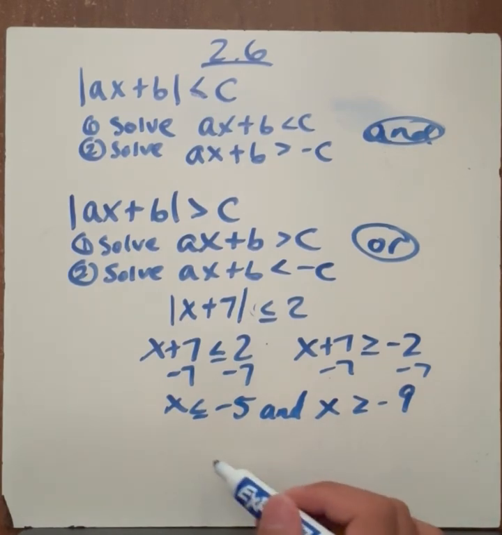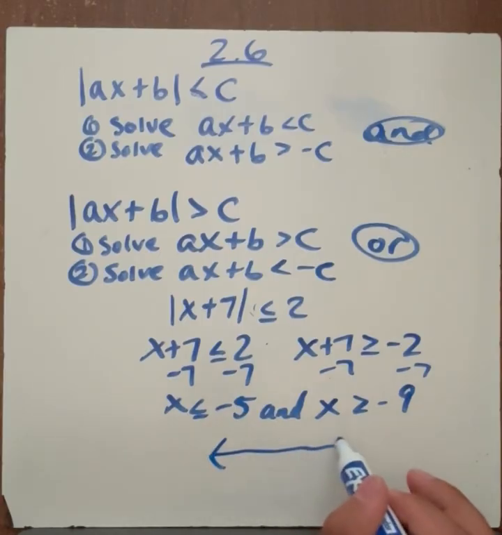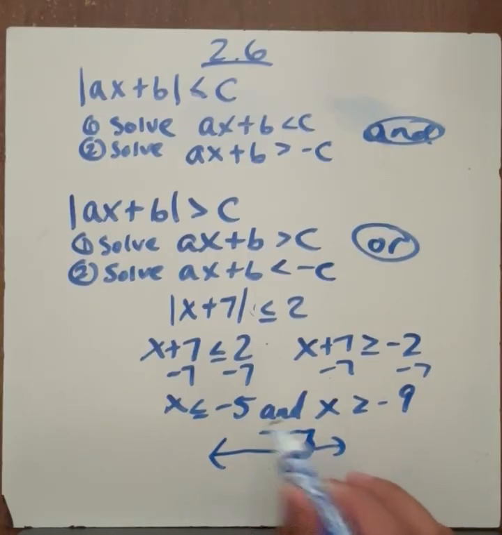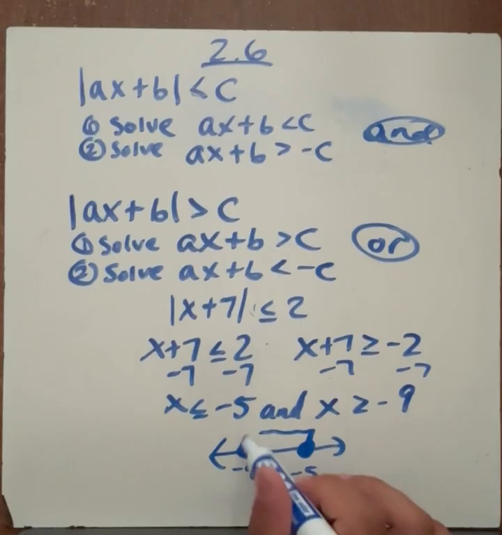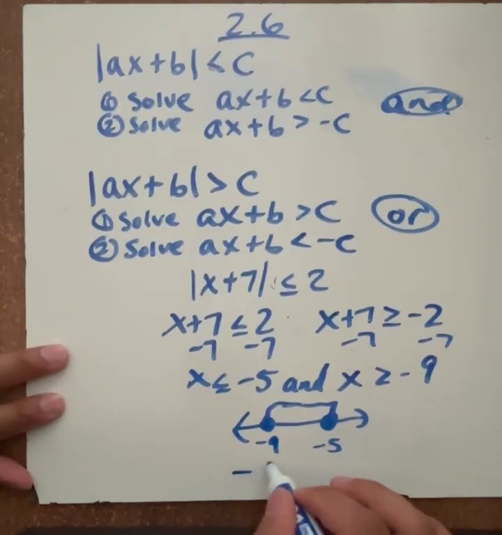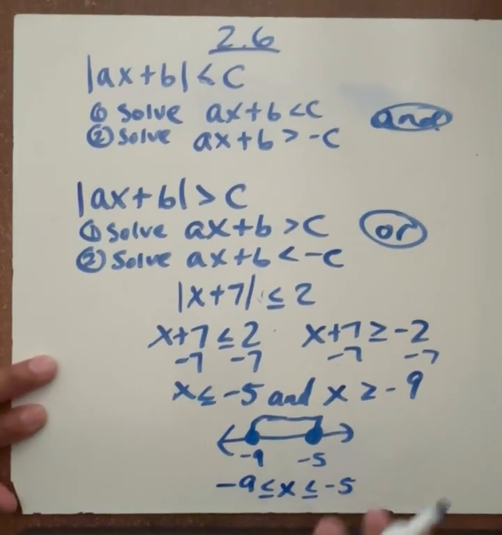Okay, so being less than negative 5, close circle, and greater than negative 9, close circle. Okay, so the answer would look like this, and if we wanted to combine all of this into one, we could say that negative 9 is less than or equal to x is less than or equal to negative 5, and that looks good.